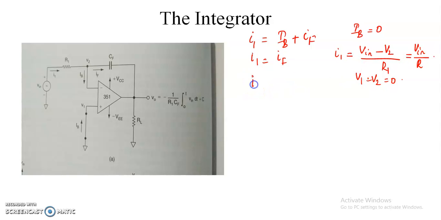Similarly, the current flowing through the capacitor, IF, will be equal to C into dVc by dt, where Vc is the voltage across the capacitor CF.